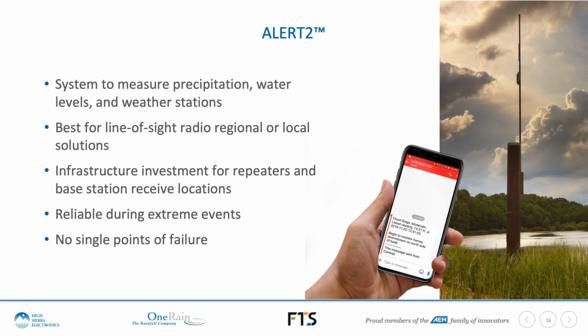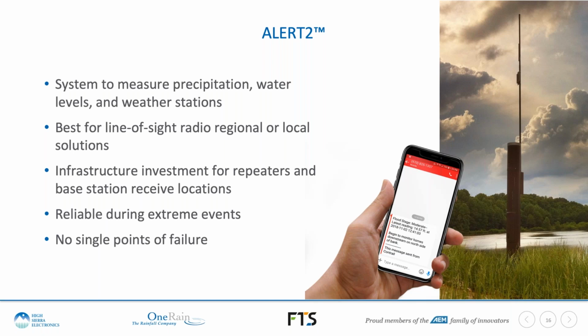It's good if you're part of a city or a county where all of your stuff is regionally located, and you can build a radio path between all the sites where you want to collect the data. And it typically has infrastructure investment. So when you have a site that goes across a county, for example, you need to pay to have repeaters put in locations to bring the data out.